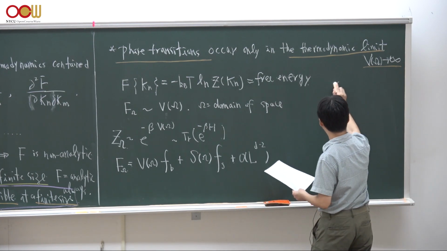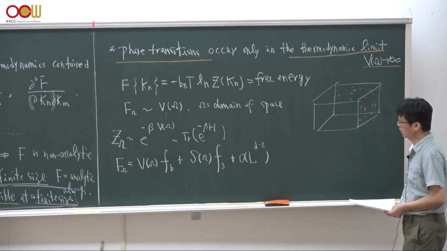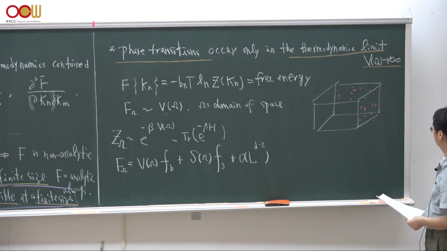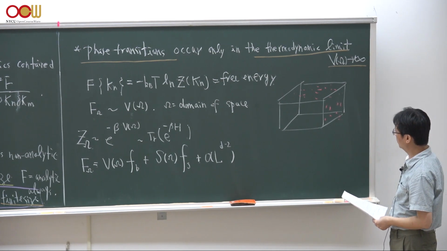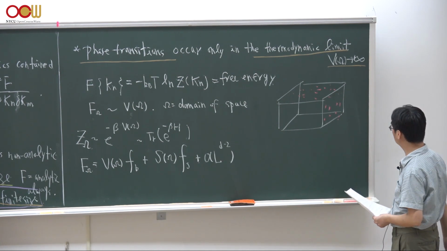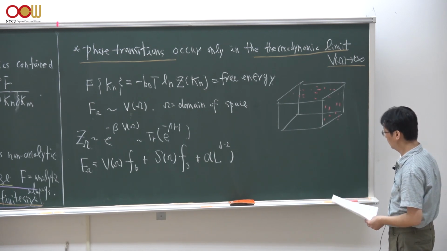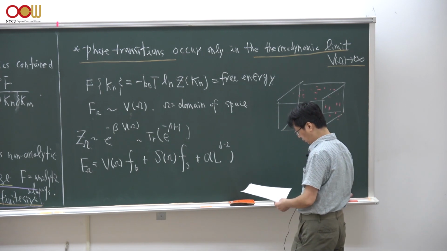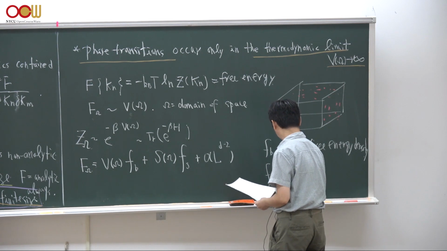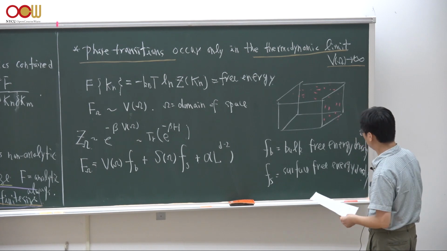In other words, at any given finite size, we can imagine that this free energy is simply a sum over all the contributions inside this three-dimensional cube, and this quantity is proportional to the volume of the system. Also, at the edges of this cube, we can have some contributions to the free energy. So we define these two quantities called the bulk free energy density, little f_b, and the surface free energy density, little f_s. Later we will define that in a more proper way.